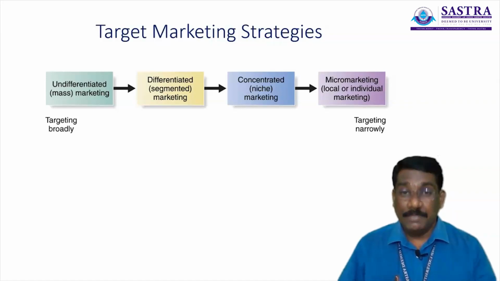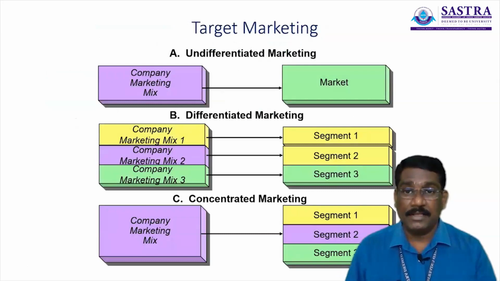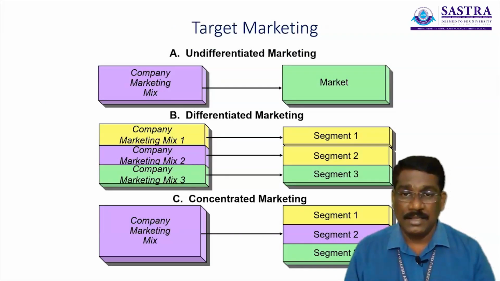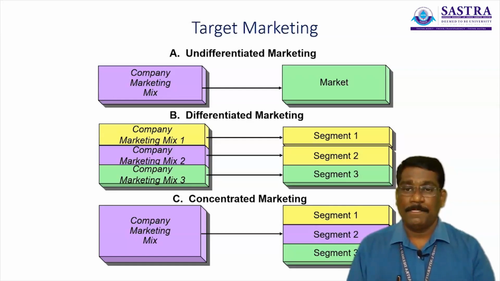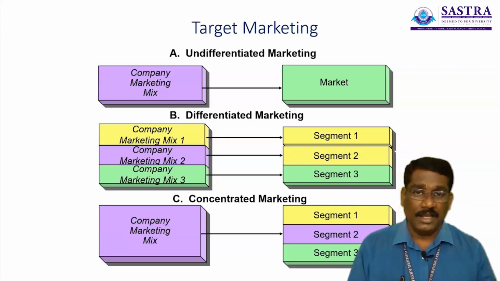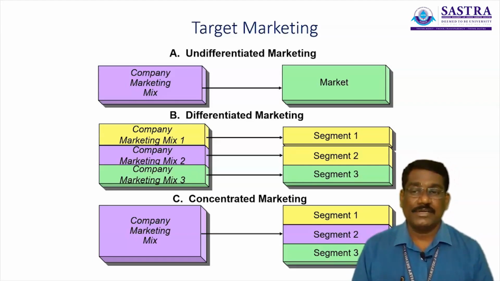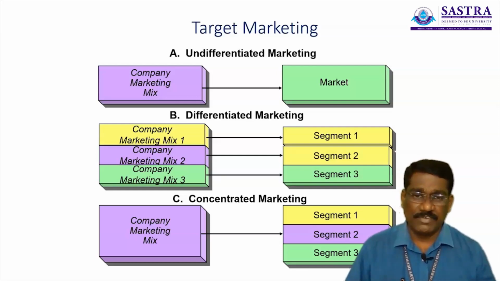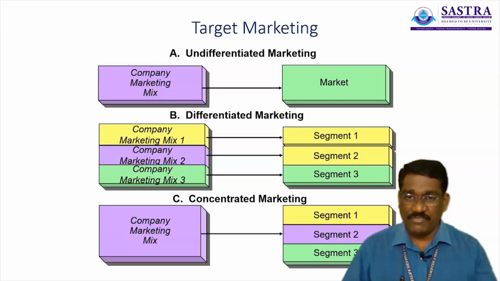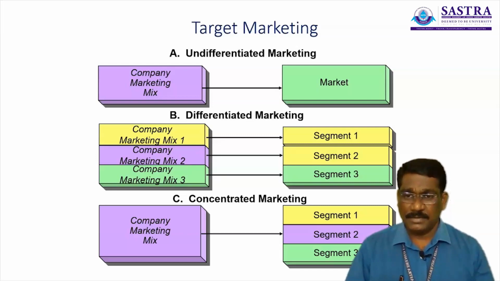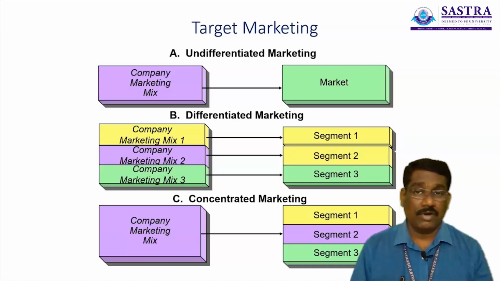Okay, let me give you more clarity by taking more examples. If you look at this depiction, the company's marketing mix is serving the entire market. That's why we call it undifferentiated marketing. The next one is differentiated marketing, where you have a different marketing mix employed for different segments. And the third, the C component, is called concentrated marketing.